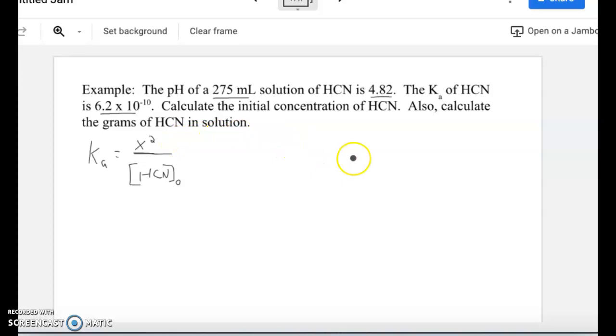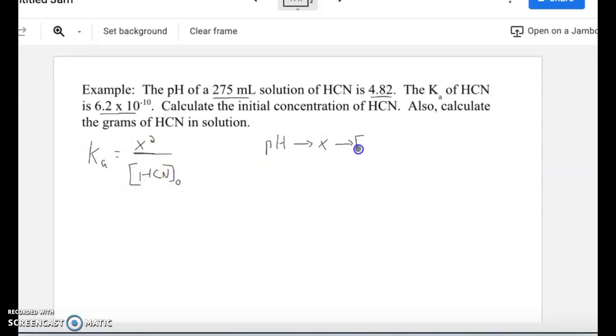Right, so the process here is, if we know the pH, we can anti-log the pH and figure out X. X is the hydrogen ion concentration, so we can take 10 to the negative pH and figure that out. Once we get X, then we know X squared, we know Ka, we can rearrange this to solve for the initial concentration.